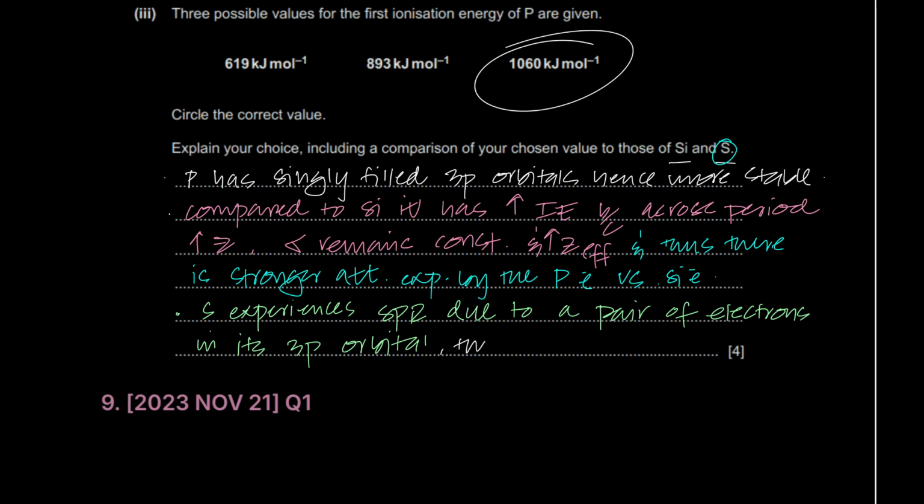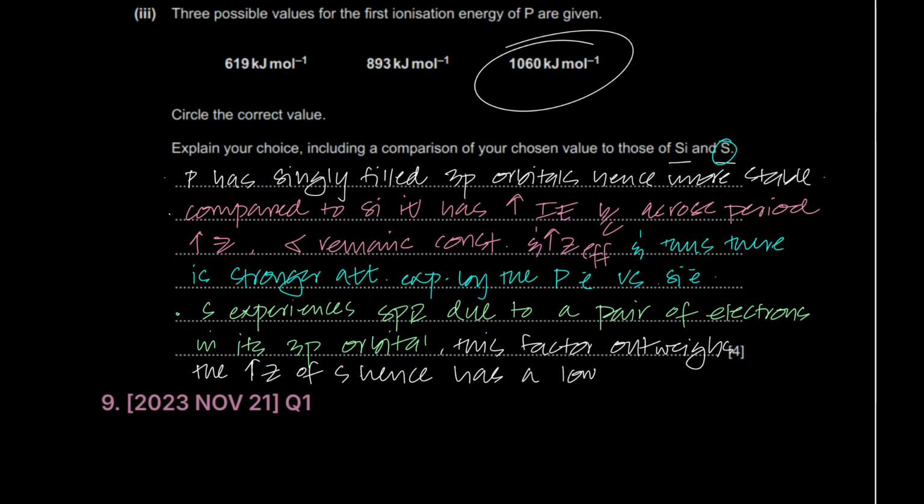This factor outweighs the increase in nuclear charge of sulfur, hence sulfur has a lower ionization energy versus phosphorus. Done. How much easier can I make it?